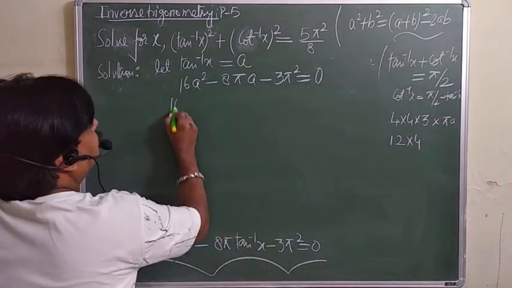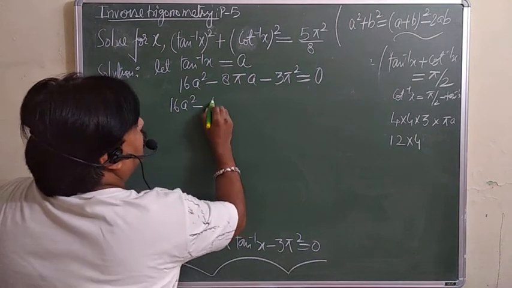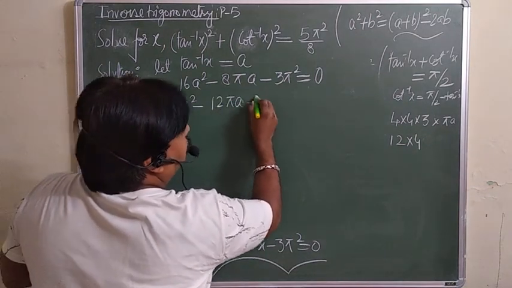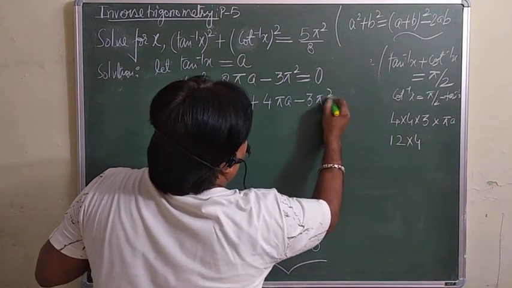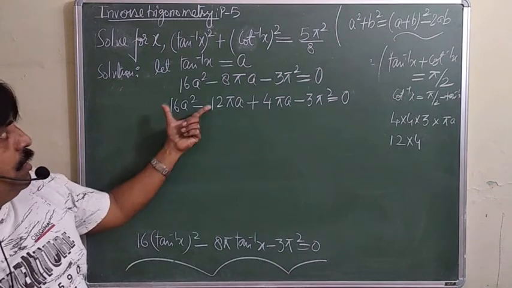So this can be written as 16a square plus 12 pi a minus 4 pi a minus 3 pi square is equal to 0. This is your quadratic equation.